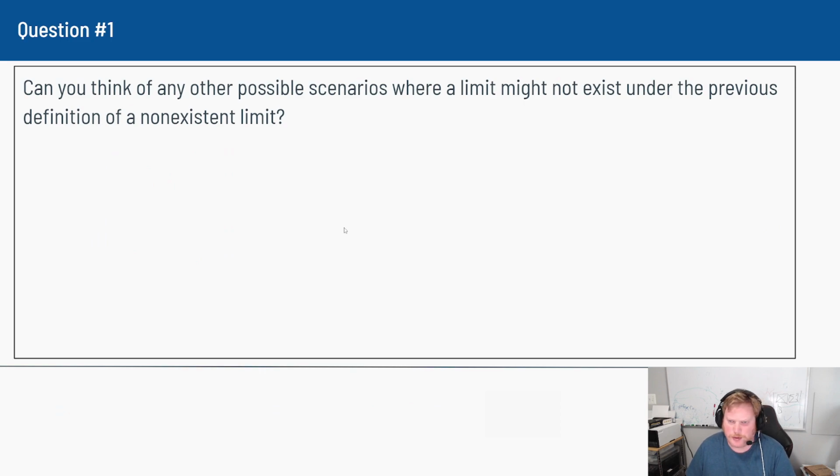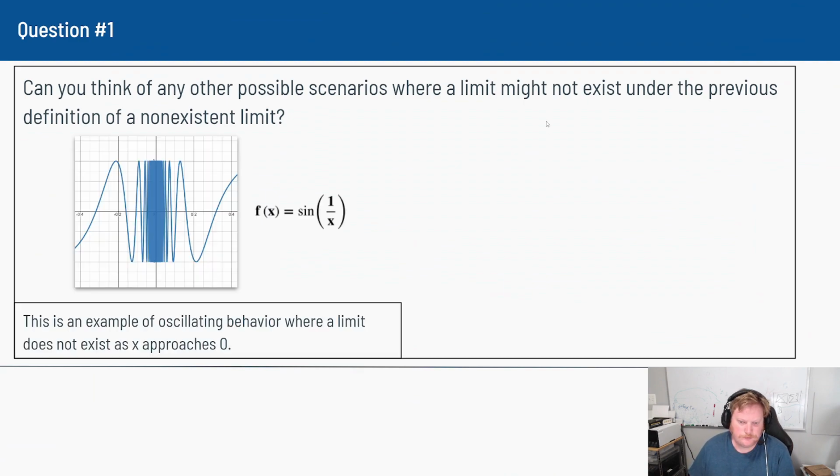Can you think of any other possible scenarios where a limit might not exist under the previous definition of a non-existent limit? So as one example, sine of 1 over x yields a function that is called an oscillating function. It bounces back and forth between negative 1 and 1 as x approaches 0.